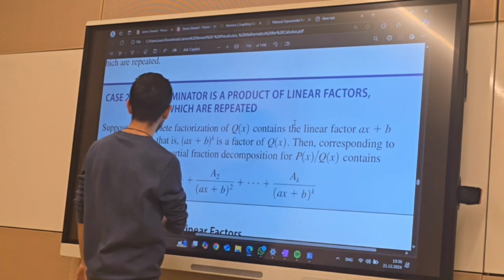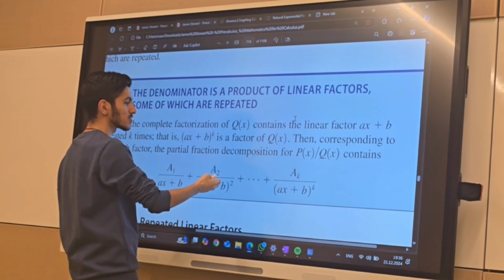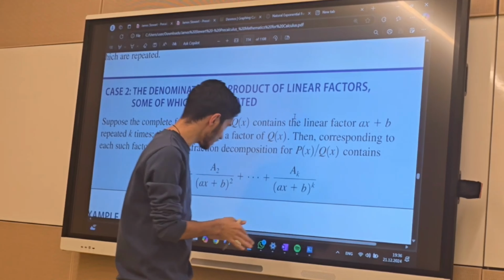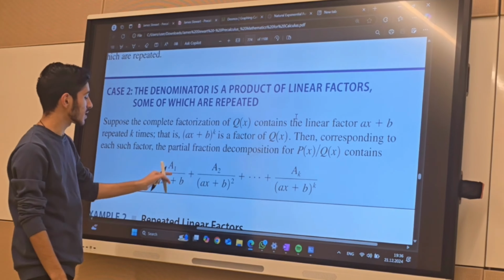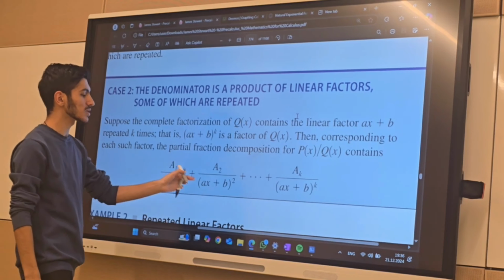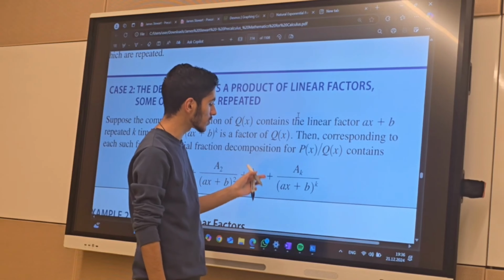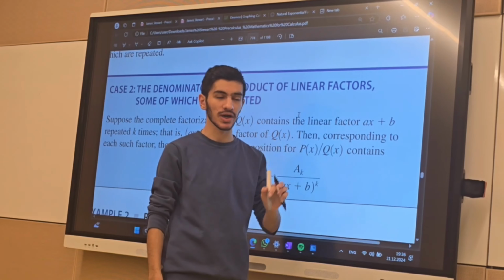Then corresponding to each such factor, the partial fraction decomposition for p of x over q of x contains a1 over x plus b plus a2 over x plus b squared plus and so on, plus a k over x plus b to the power of k.